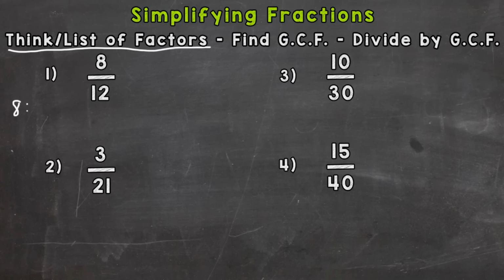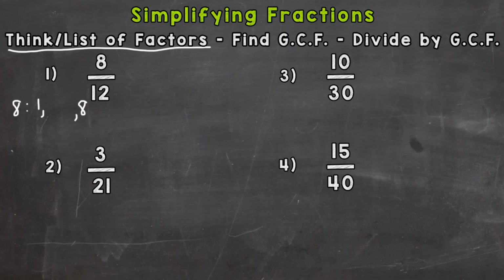And whenever you're making a factor list, you want to start with the number 1 and the number itself. 1 times 8 is 8. So we start with 1, and its partner is going to be 8. So I'm going to put some space between that 1 and 8 in case there's any other factors in there that we can add. So let's think.